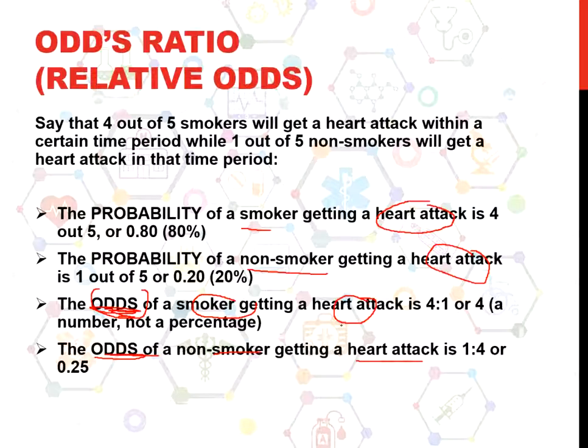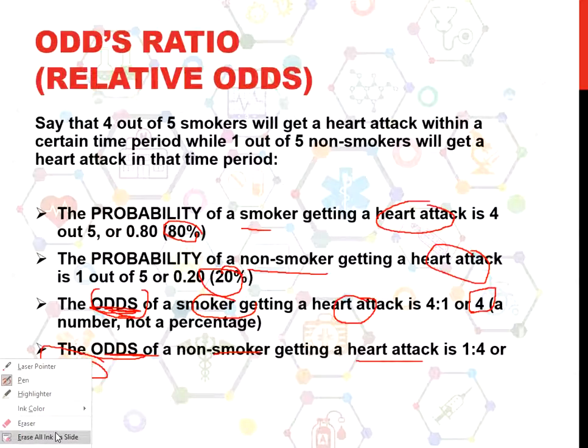So, ito yung ating 4 na odds ng getting a heart attack ng smoker, 0.25 yung non-smoker. So, the probability of a smoker to get a heart attack is 80%. The probability of a non-smoker to get a heart attack is 20%. Okay, so dalawa na, odds and the probability.